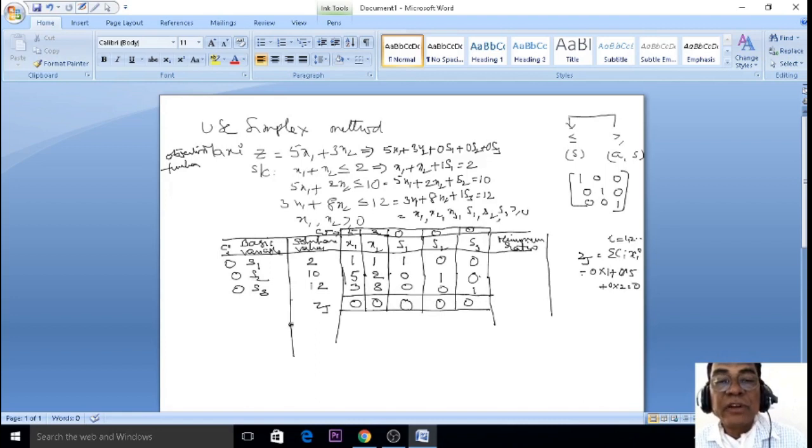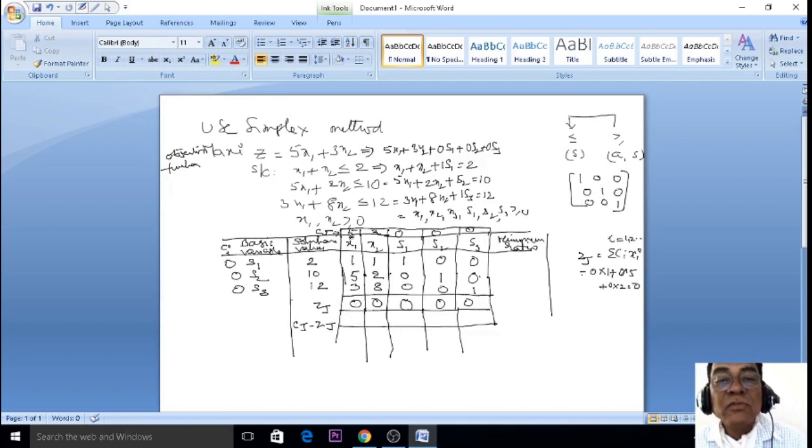Next step, please refer to my notes: Cj minus Zj. Cj you already know, see the top row value, and Zj here.